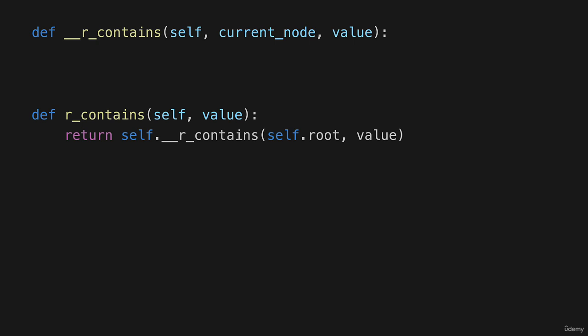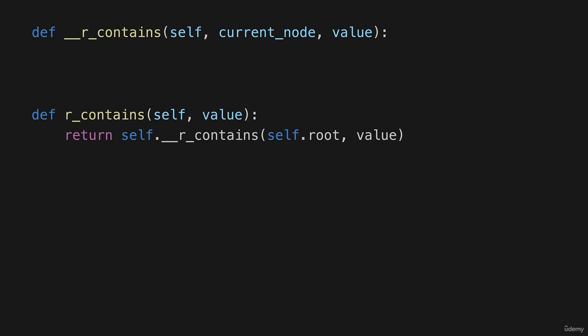And with this one, we just have to pass it the value. And then we pass that down to here and call the double underscore recursive contains with the root and that value. So I'm going to remove this second one and we'll build out the top one for this video.